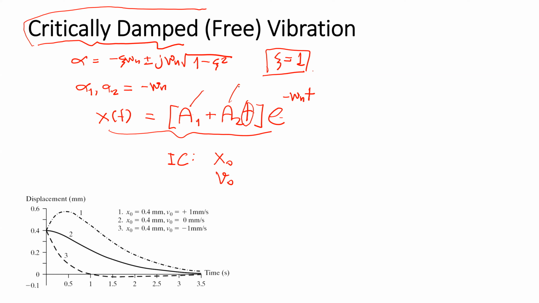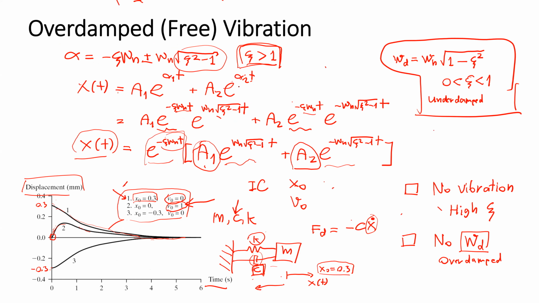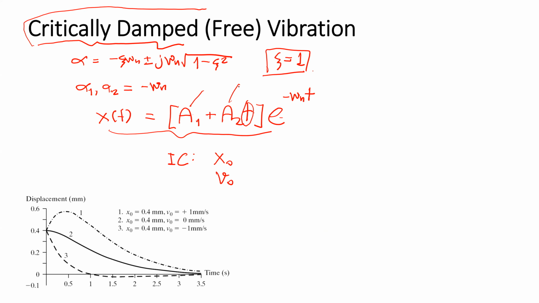And if we see the response of the critically damped, if we compare with the overdamped, the critically damped is the case that we have the smallest possible damping ratio for no vibration.